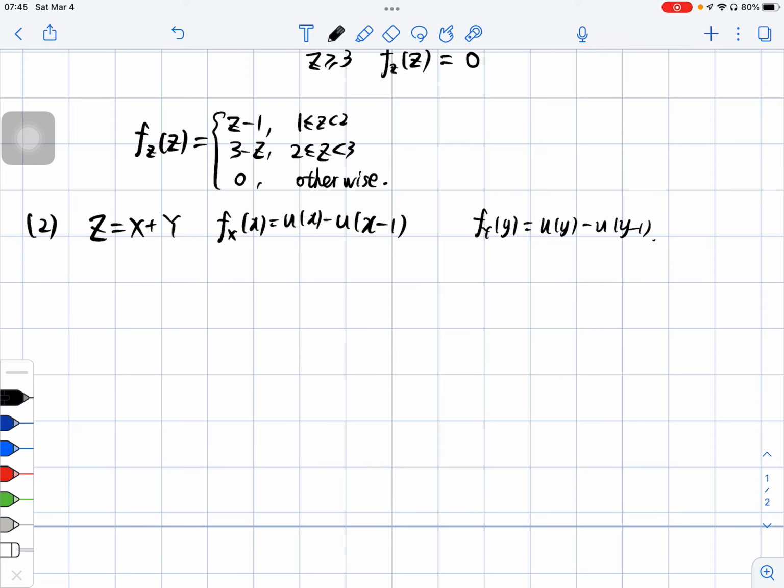Then we will shift the result to the right side by 1. According to the definition, fz is the probability of P(x plus y less than or equal to z).